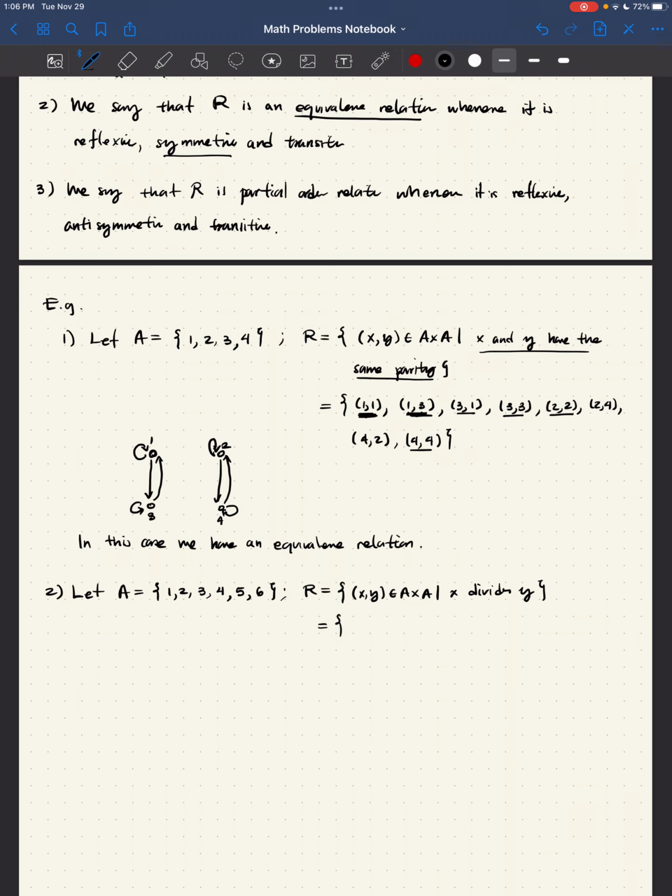Look, 1 divides 1, 1 divides 2, 1 divides 3, 1 divides 4, 1 divides 5, and 1 divides 6. What else can I say? 2 divides 2, 2 divides 4, and 2 divides 6.